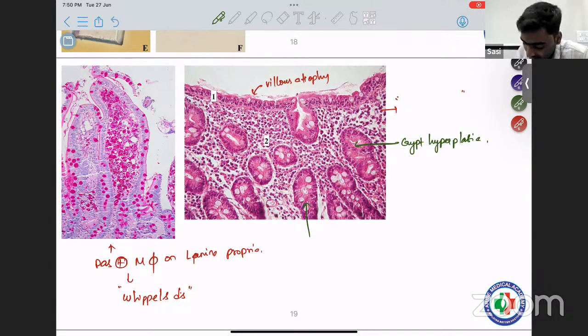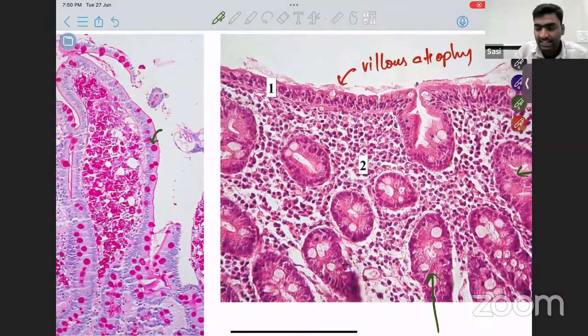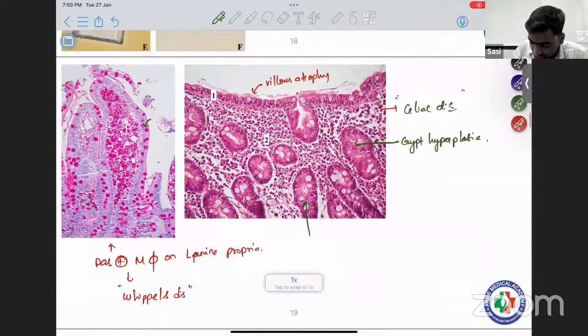They are seen in celiac disease. Don't confuse PAS positive macrophages with celiac disease. If you see PAS positive macrophages, it is seen in a case of Whipple's disease, whereas villus atrophy and crypt hyperplasia are seen in a case of celiac disease. Okay, you just remember.